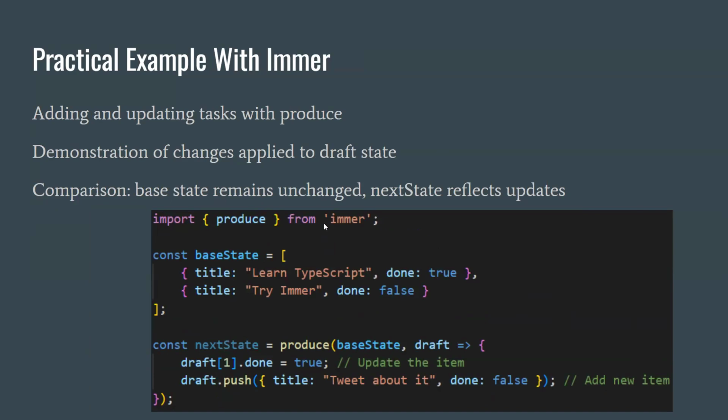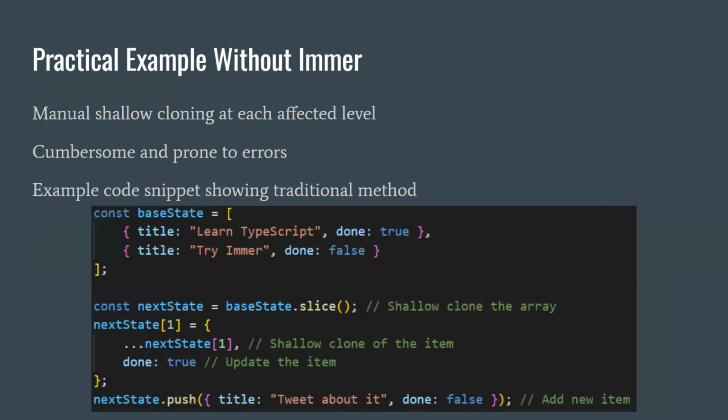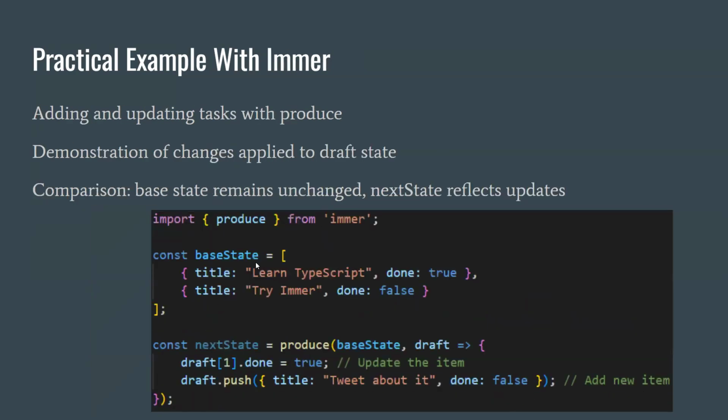Practical example with Immer. Now let's look at a practical example to illustrate how produce works. Imagine we have the same thing: an array representing tasks, each with a title and a done state.